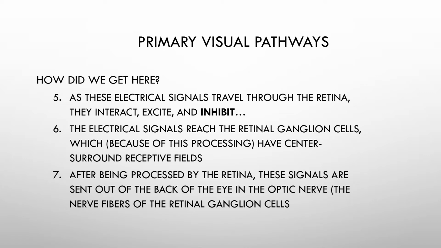Remember, some are excitatory center inhibitory surround, some are inhibitory center excitatory surround. After being processed by the retina, these signals are sent out of the back of the eye in the optic nerve, which is made up of the nerve fibers, those axons, of the retinal ganglion cells.